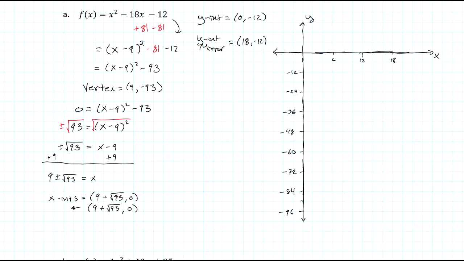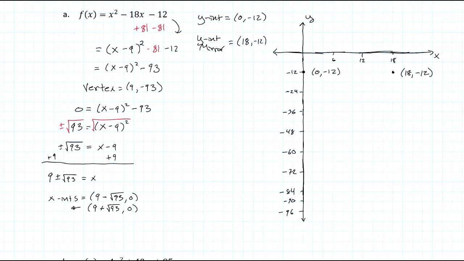Minus 93, by 6s, this is negative 90, so negative 93 is right in between there. The y-intercept, though, is at 0, negative 12. I can draw that in. And then the 18, negative 12 is across the axis of symmetry. So 0 comma negative 12 here.